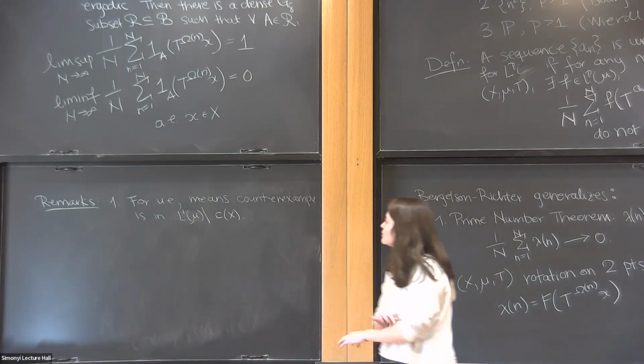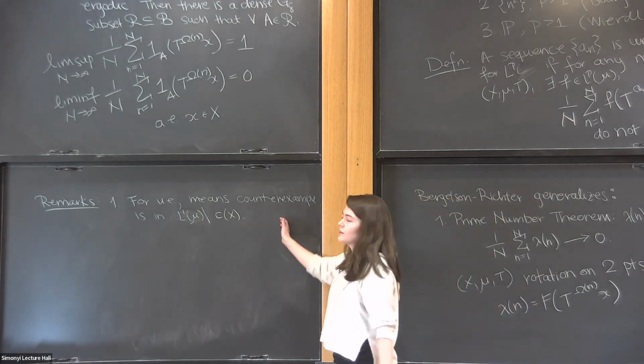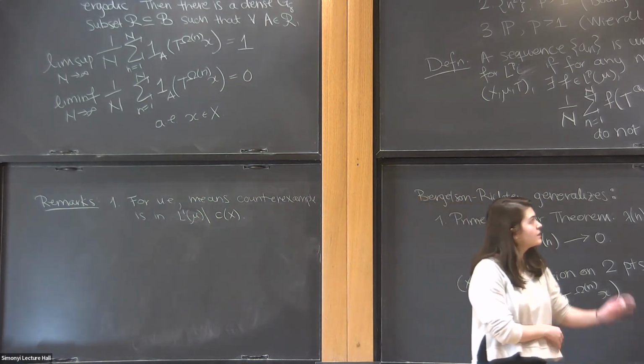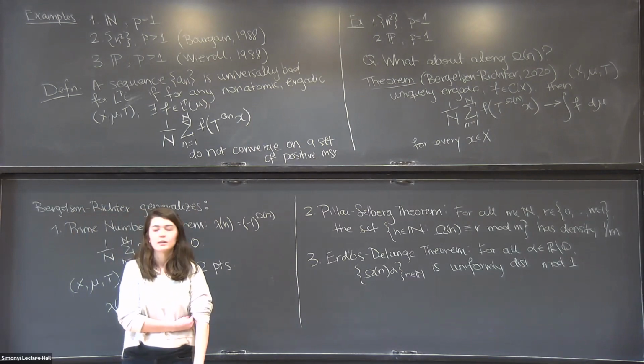So it comes from something outside the set of continuous functions. Okay, so this means that for their theorem, it was really important that they considered both unique ergodicity and continuity of the function in their hypotheses.